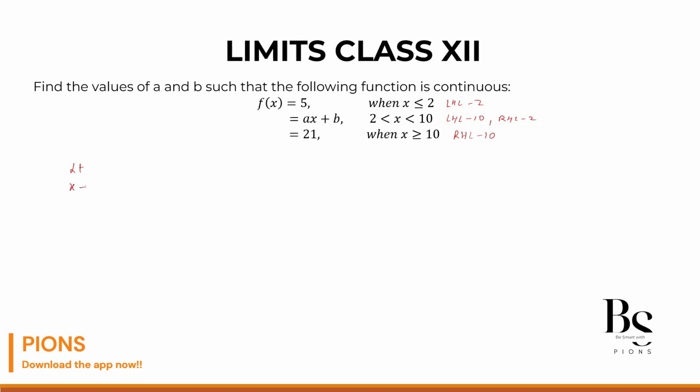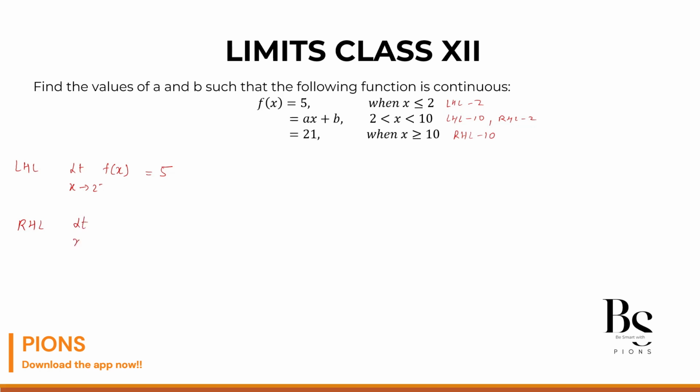So for 2, limit x tending to 2 negative f of x. Now here there is no function of x itself. The value of the function itself is 5. So this will be 5 only. Correct? Okay. Next. This is our LHL. Let's see the RHL.